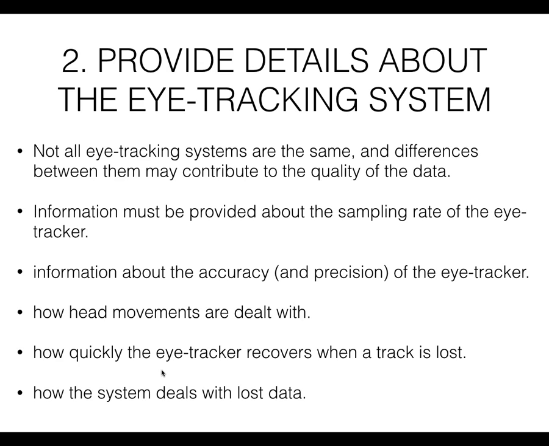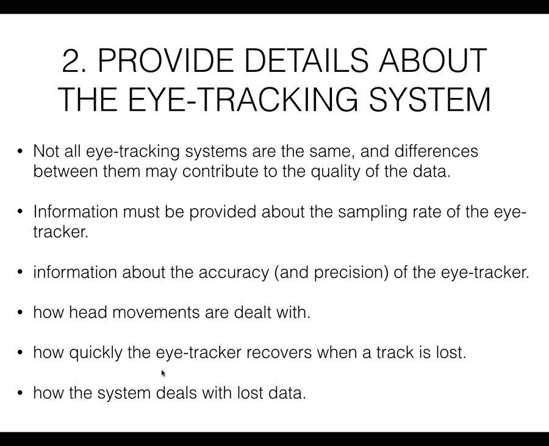So even though you've got an EyeLink, make sure you say this is the sample rate that we were recording under. I'll show you why these are all important in a minute. Make sure you report the accuracy and precision of your eye tracker. Either the manufacturer's specs, that's good. Better, the ones that you measure for your individual piece of equipment.